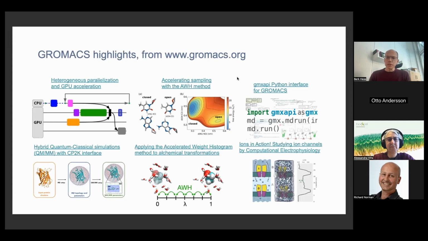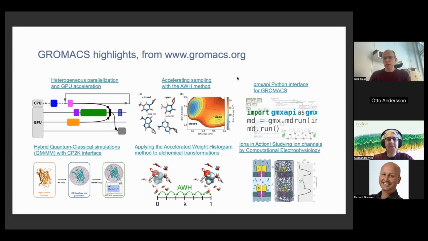Then finally, there's the computational electrophysiology feature where you can apply a controlled electric field. A popular way of applying an electric field is by simply having a force acting on each charge or partial charge, but it's difficult to control the actual field in that case in a dielectric system with dielectric higher than 1.